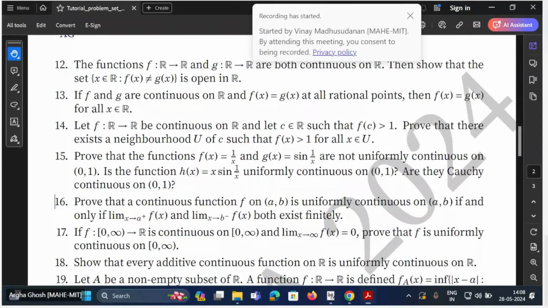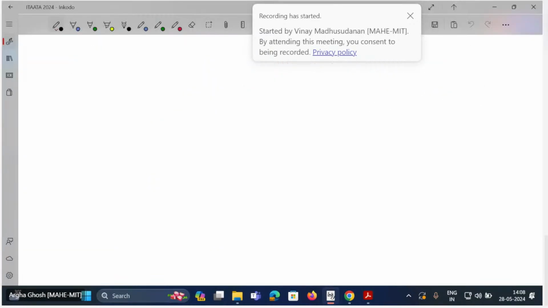Okay, let's see. So question number 12. Define a new function h(x) = f(x) minus g(x).